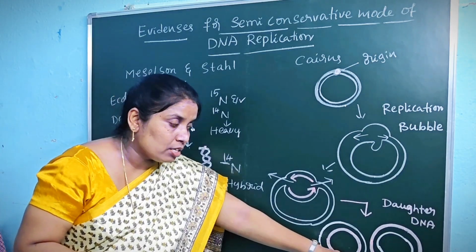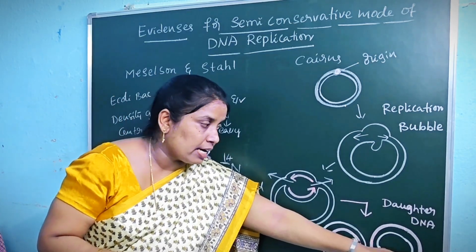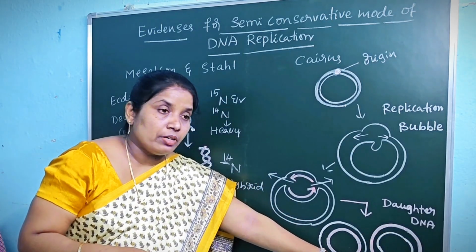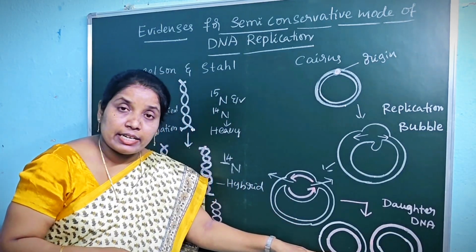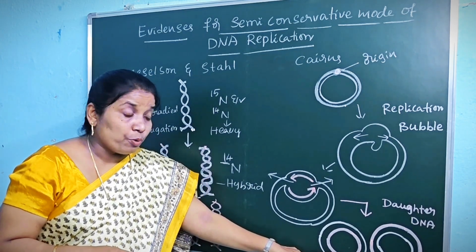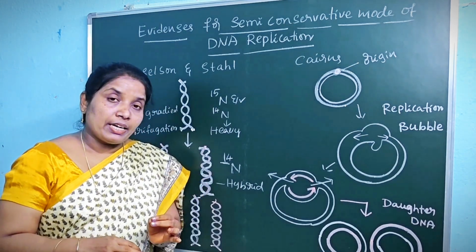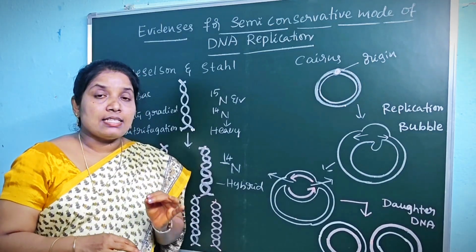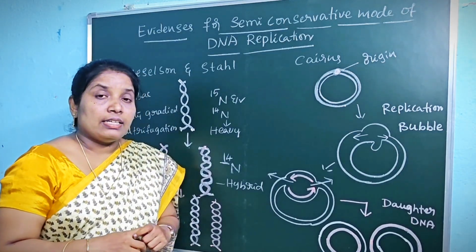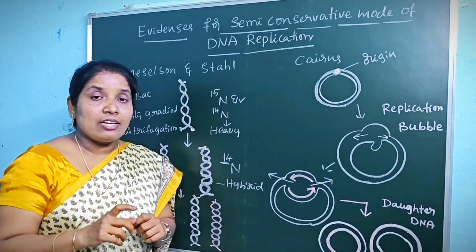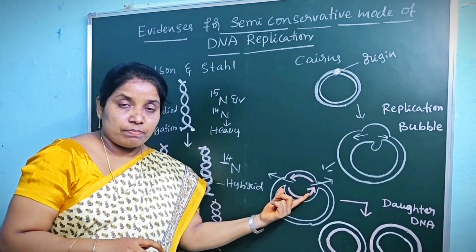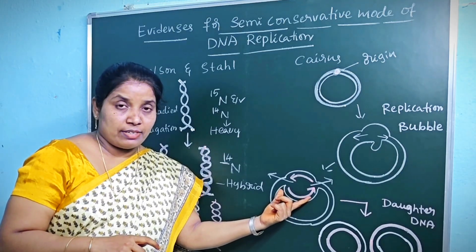Here you can see the outer side DNA molecule is radioactively labeled, and here the inner side DNA is radioactively labeled. So this proves that DNA replication is semi-conservative, and also proves that DNA replication in Escherichia coli is bidirectional.